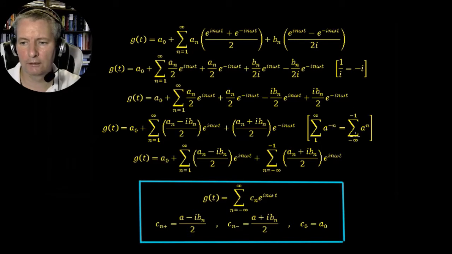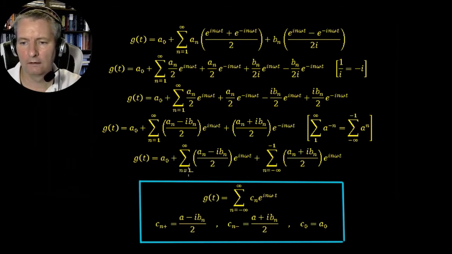So we use this little identity, and the first term remains the same, but the second term then changes. So instead of e to the minus i n omega t it becomes e to the plus i n omega t, and the limits change from 1 to infinity to minus infinity to minus 1.